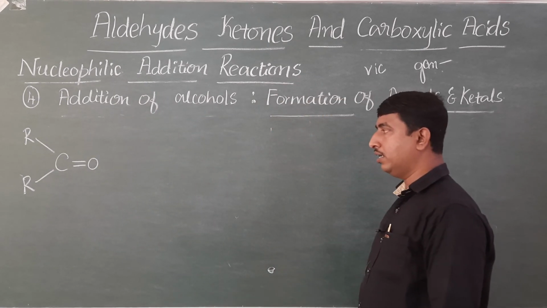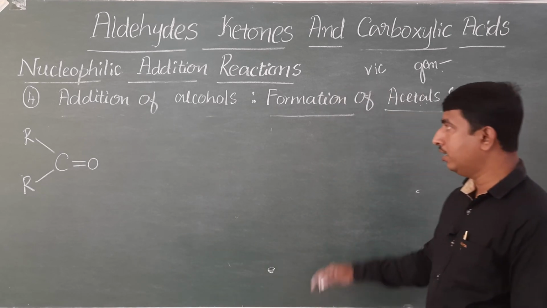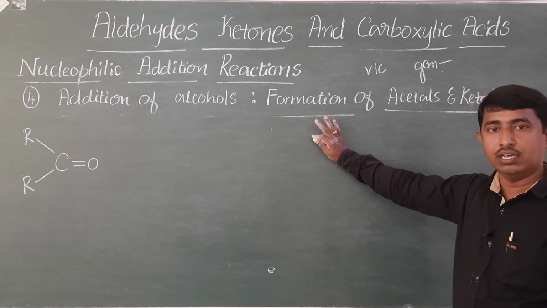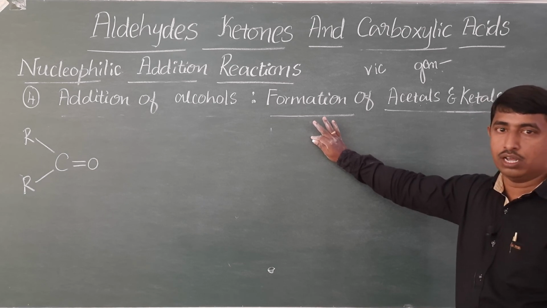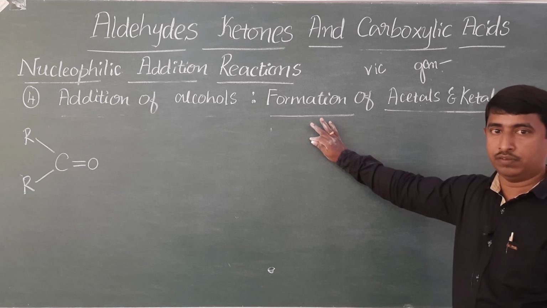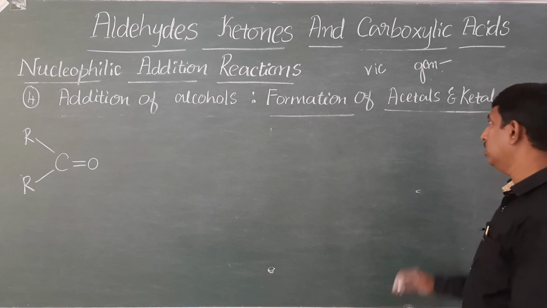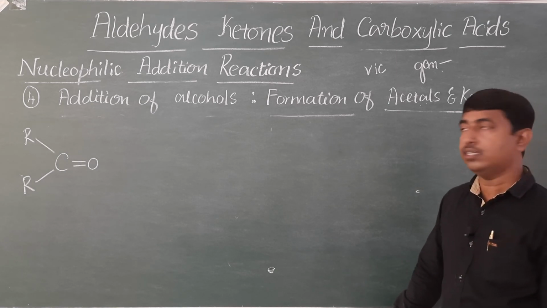So it is R C double bond O R. So these ketones also undergo addition reaction with the alcohol under similar conditions, forming a cyclic product. That cyclic product is called as what? Ketal. Formed a cyclic product, it is named as ketal.